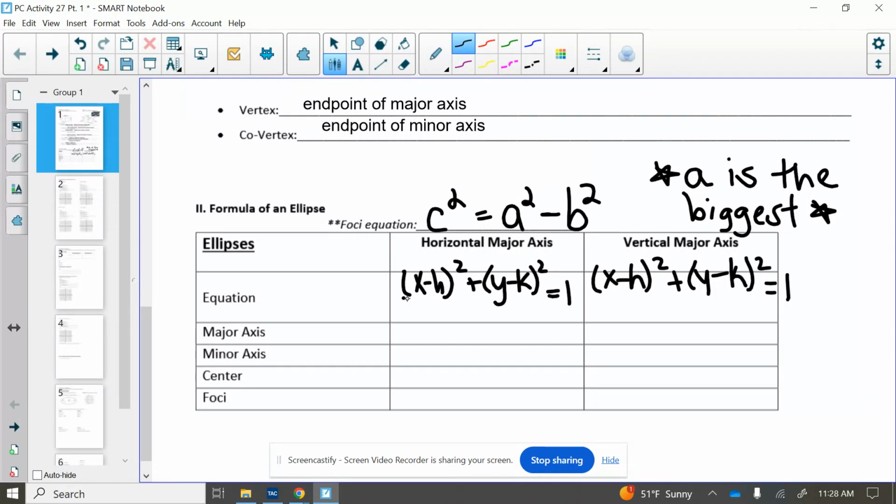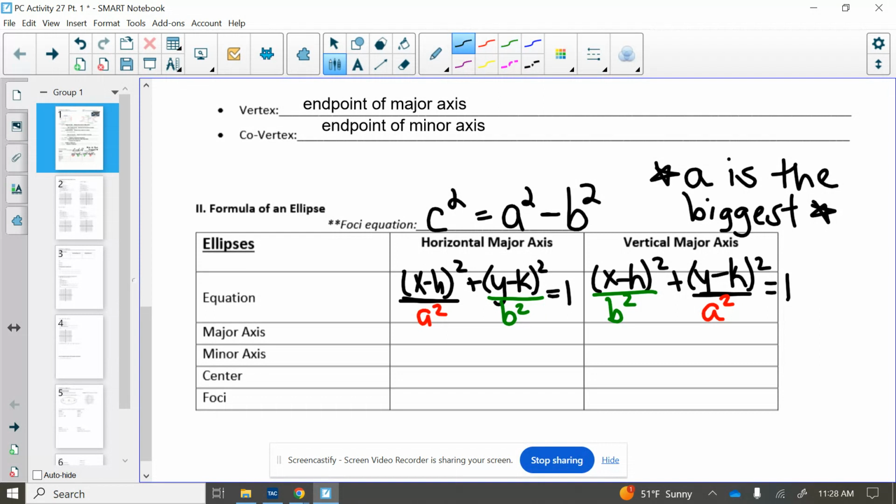If it is longer than it is tall, A is going to be underneath the x values. If it's taller than it is wide, our A value is going to be under the y's. And then parameter B, our co-vertices, our minor axis, would be under the other. So you always are looking for where is my biggest parameter.